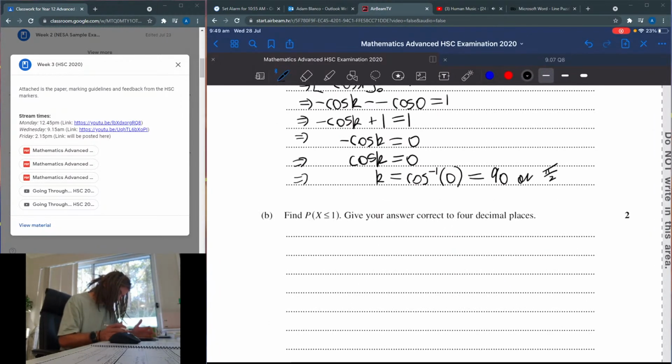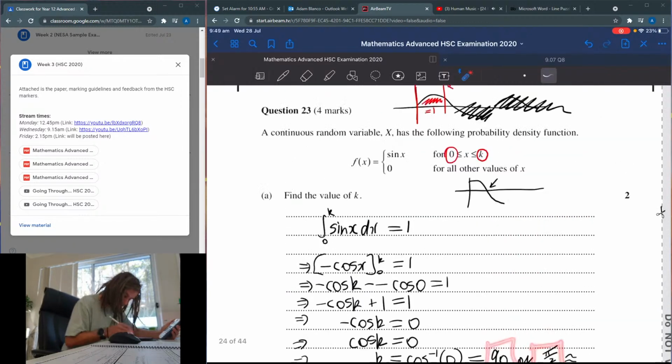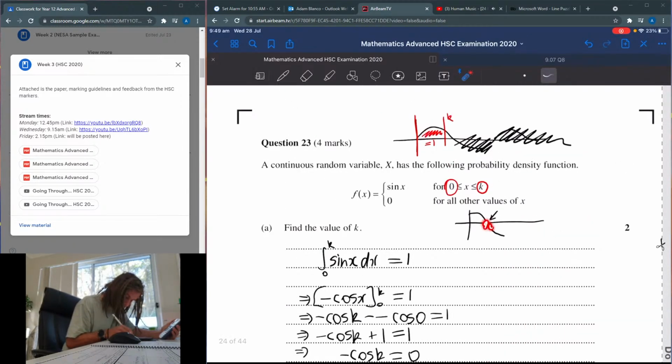That's interesting. What is pi on 2? In case you're wondering, pi on 2 has to be in radians, because if this was 90, that would be something massive, and that area would not be 1.